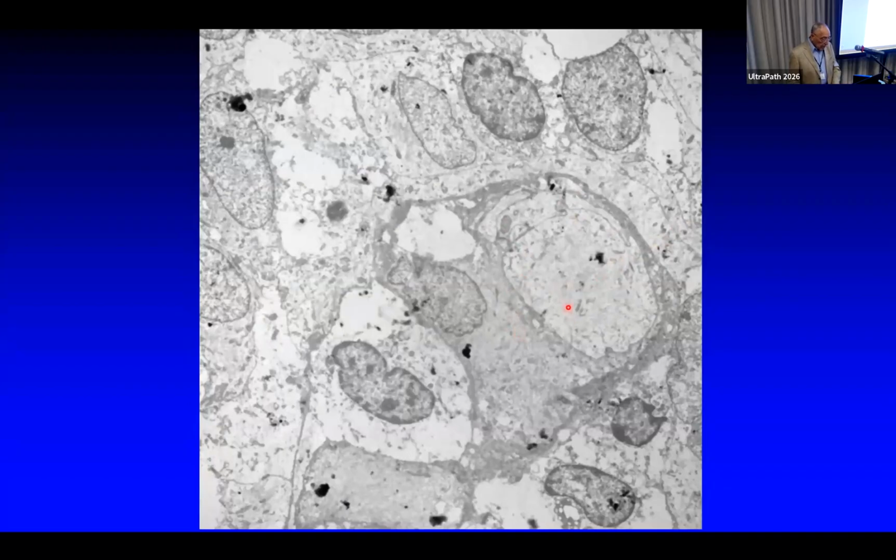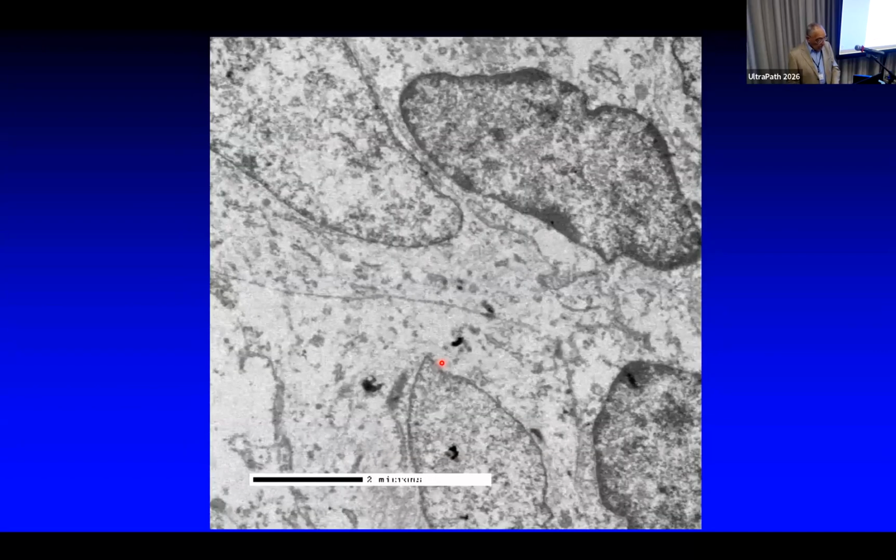So you can see these cells, which are polygonal cells with a groove in the center. Here less grooved, elongated nucleus, but not the typical Langerhans cell.